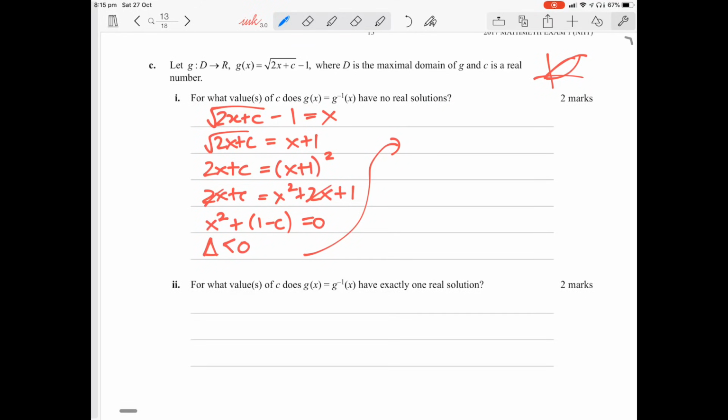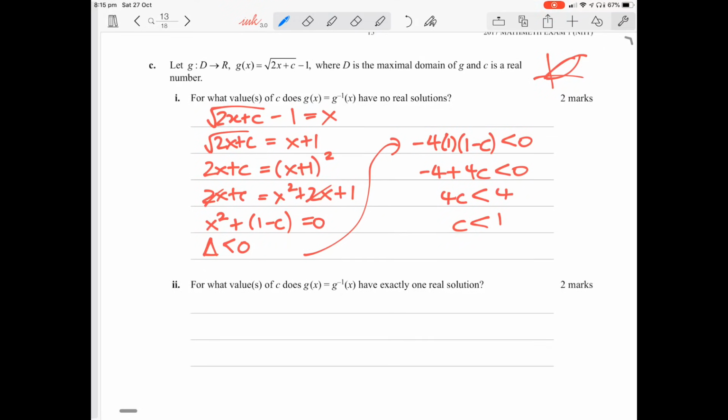So in this case here, b squared, which is 0, minus 4 times 1 times 1 minus c has to be less than 0. So negative 4 plus 4c has to be less than 0. 4c has to be less than 4. C has to be less than 1.